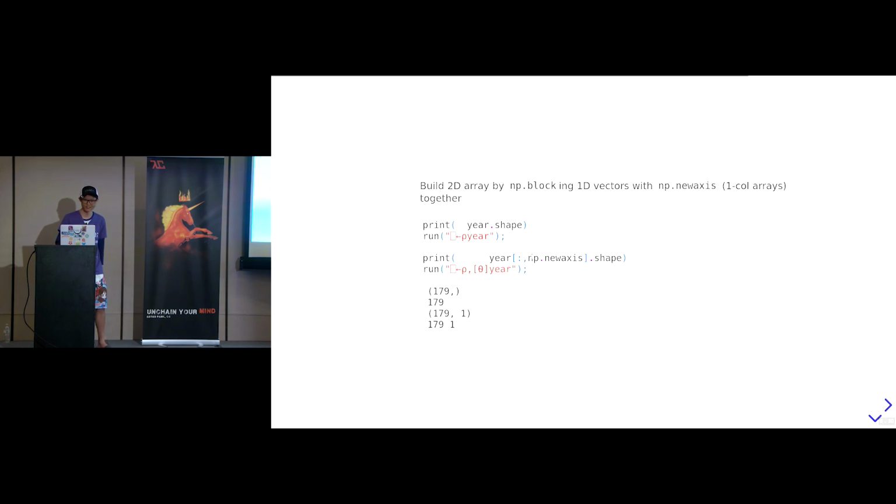Now, if we add np.newaxis to our shape, we get an extra number in the shape. That's a 1 here. And this basically turns the vector sideways into a 1-column array.